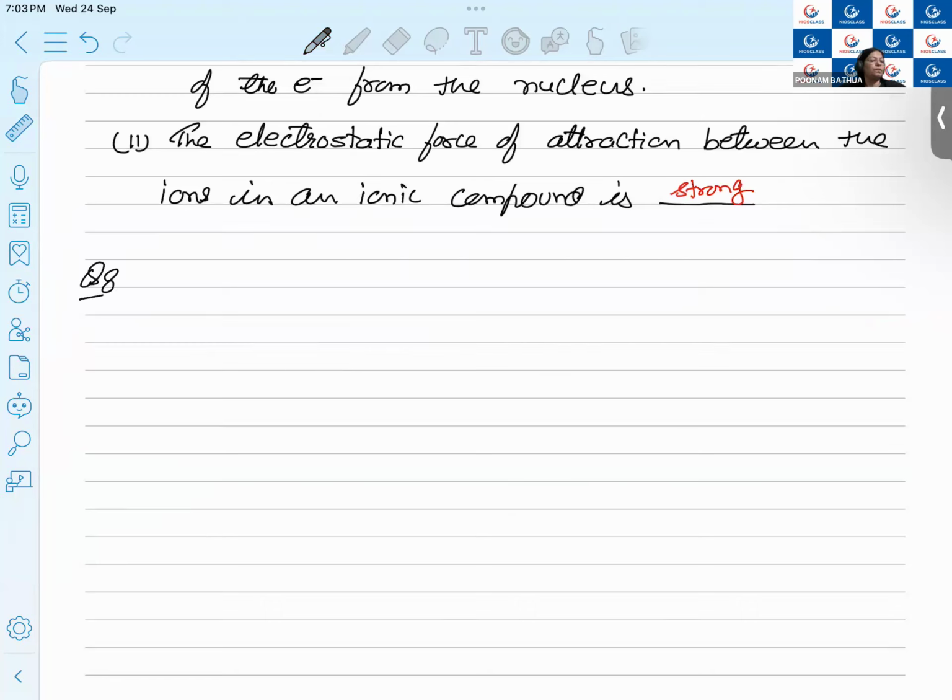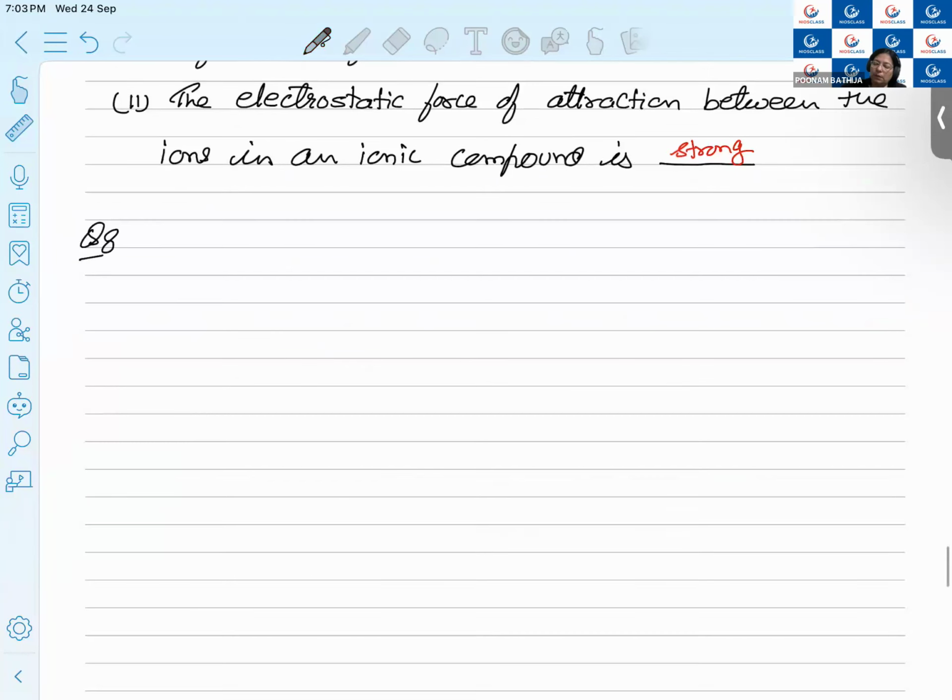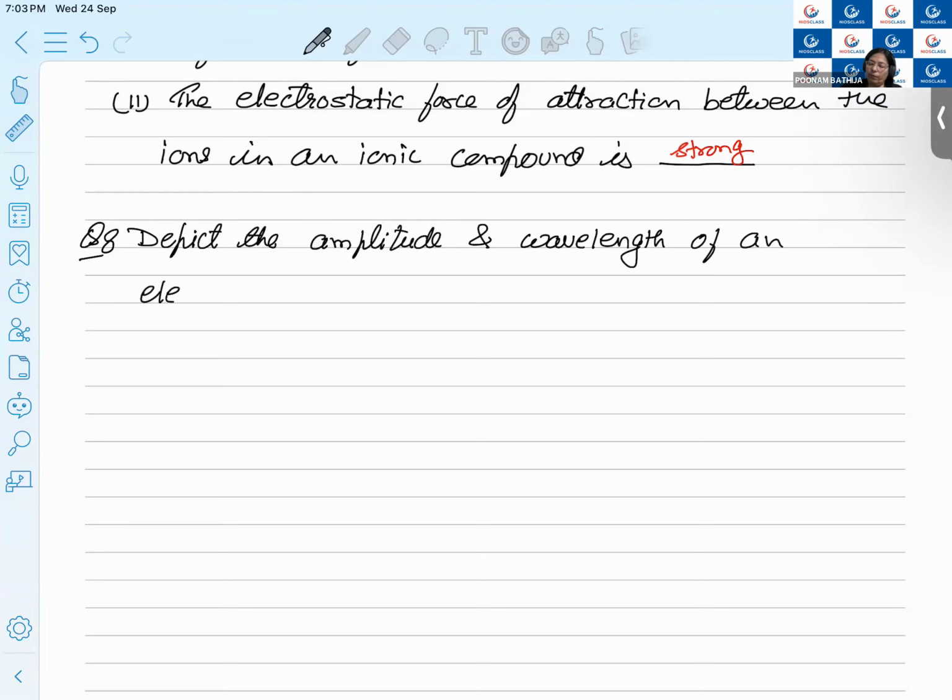Question 8. Depict the amplitude and wavelength of an electromagnetic wave in the form of diagram.